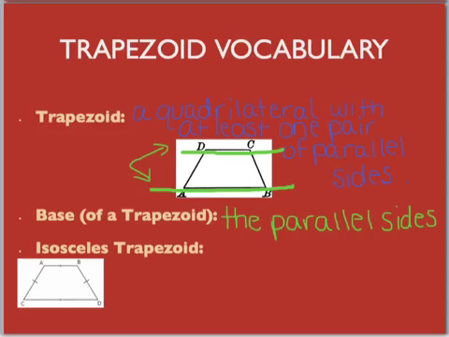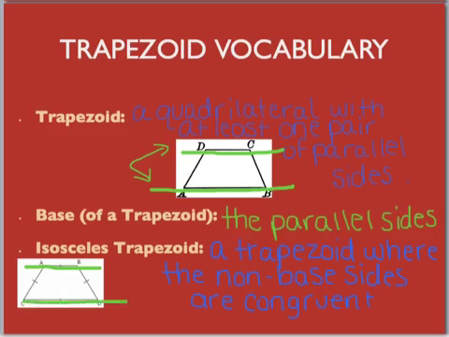Okay, isosceles trapezoid is a little more specific. An isosceles trapezoid is a trapezoid where the non-base sides are congruent. So the sides that are not the bases are congruent to each other. And so again, if you look in the example down there in the lower left corner, you've got your bases here and here.